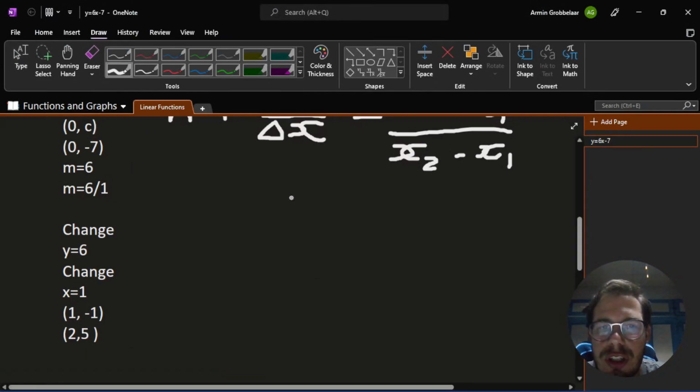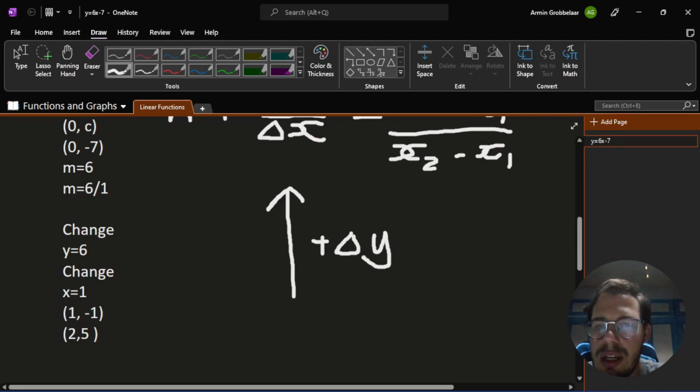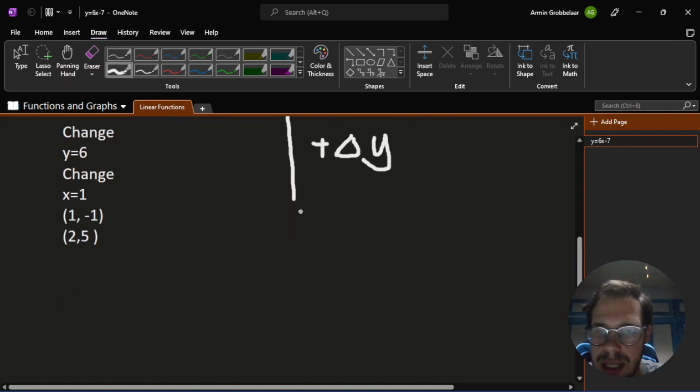So whenever the change in y is positive, you move up. Then, when the change in y is negative, you move downwards.